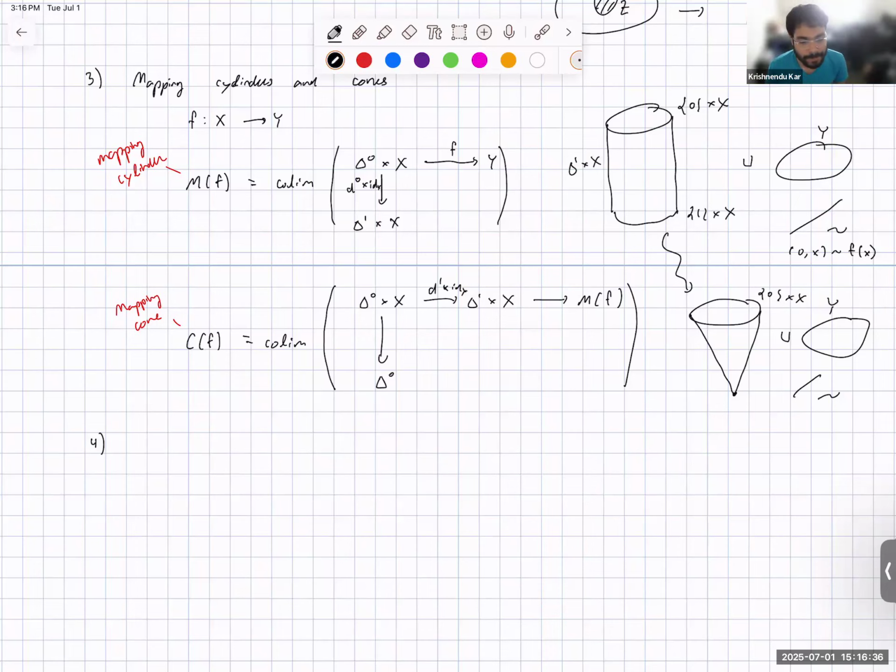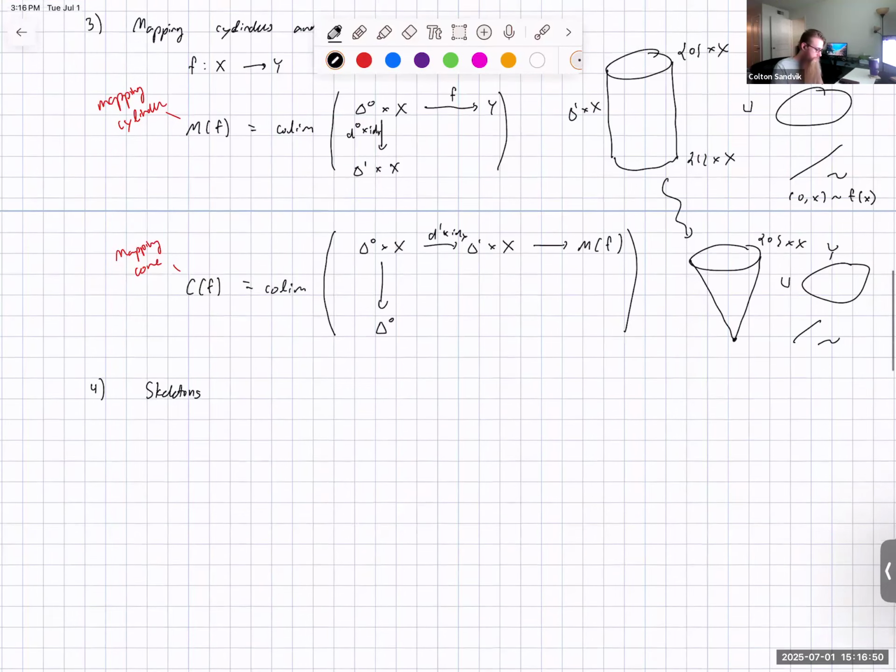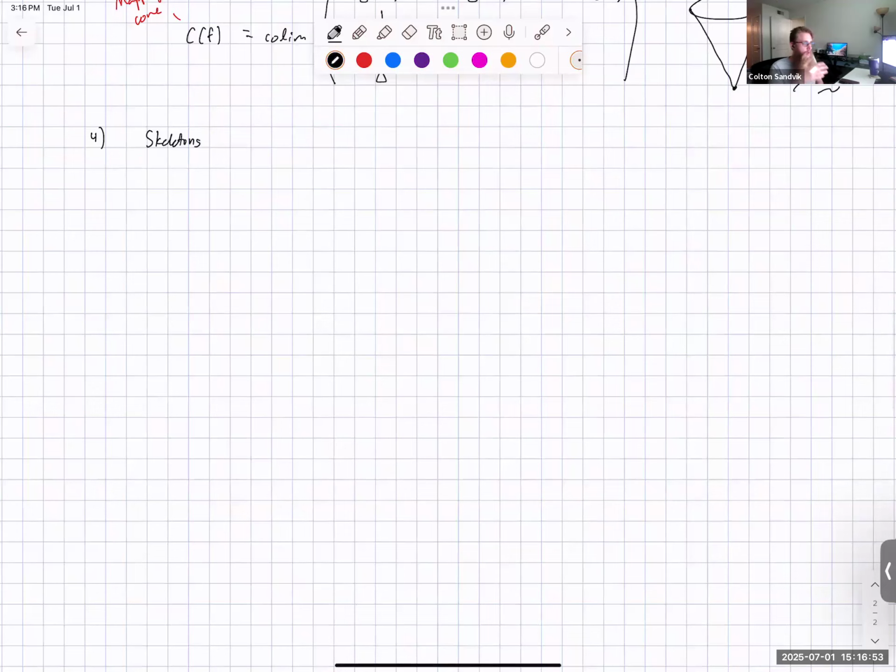Okay. So I think the last thing I wanted to touch on, or hopefully last, I haven't scrolled on my notes far enough, is this idea of skeletons. And this is something that is quite unique to the story of simplicial sets, but there are also versions of this for CW complexes or simplicial complexes or whatever.